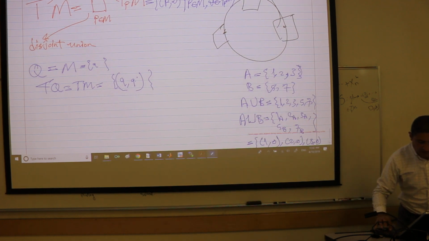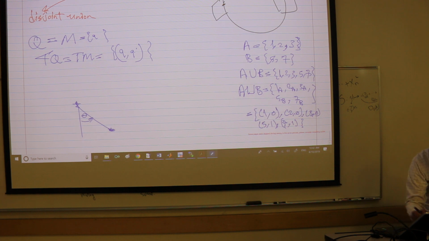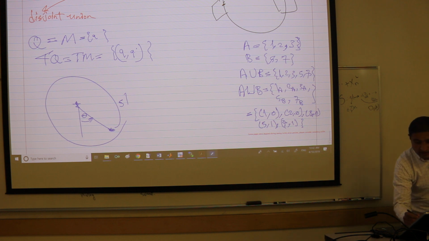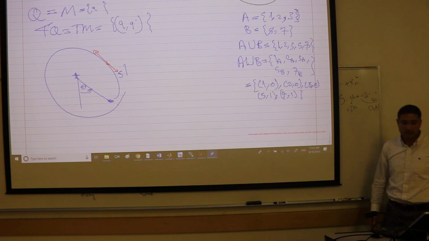So for example, for the pendulum, this is theta, which we know very well that it lives in S1, right? And at any point in S1, it has velocities. It can go this direction, go that direction, and there is no limit actually on the velocity.